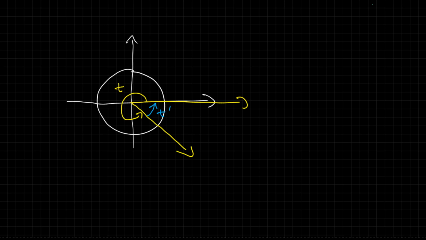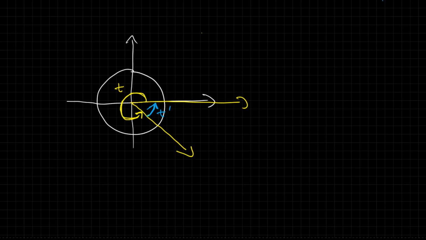Once you draw a picture like this, depending on what quadrant you're in, here quadrant 4, we will see that there's a relationship between t and t prime: if you go around by t and then you go forward by t prime, you make the angle 2 pi.